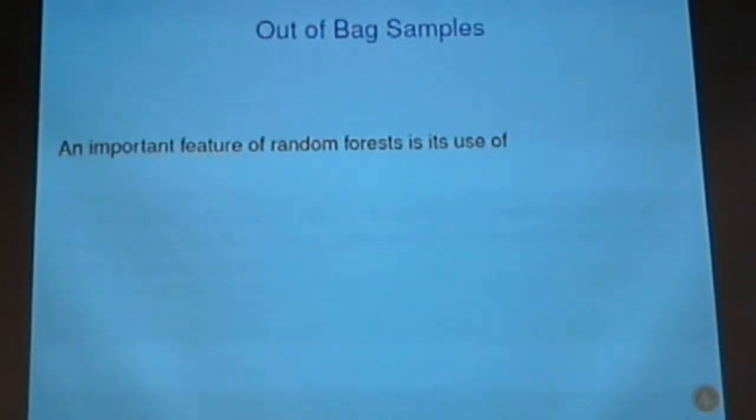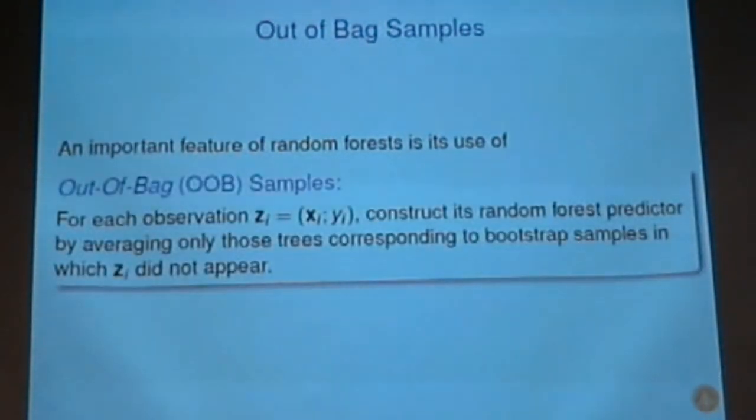An important feature of random forest is its use of so-called out-of-bag samples. For each observation, it constructs its random forest predictor, averaging only those trees corresponding to bootstrap samples where Z is not included. In a sense, the idea is very similar to Jackknife, right?